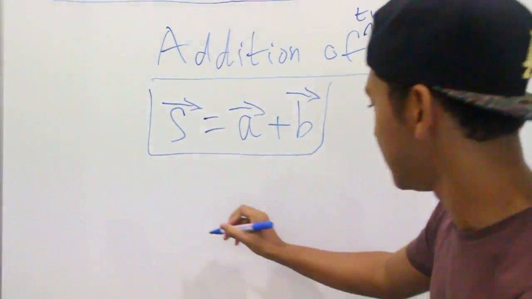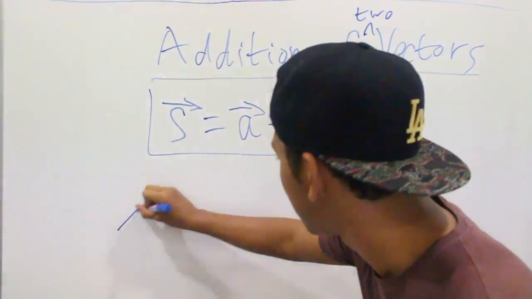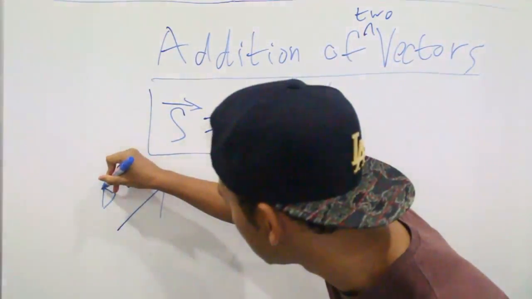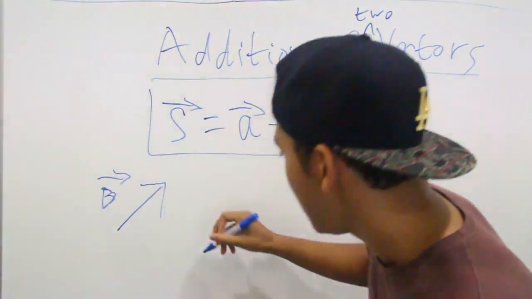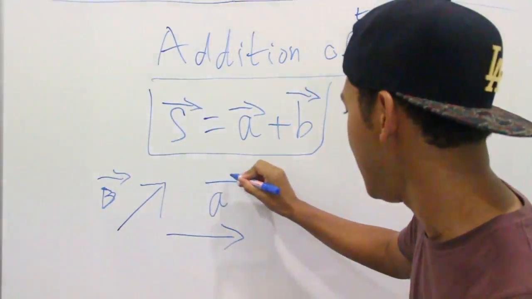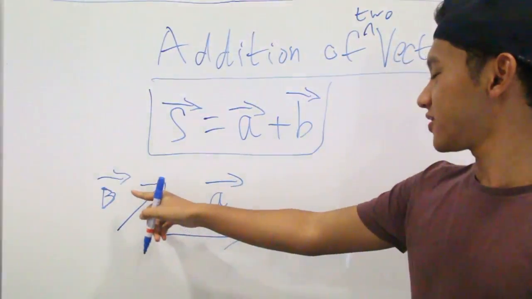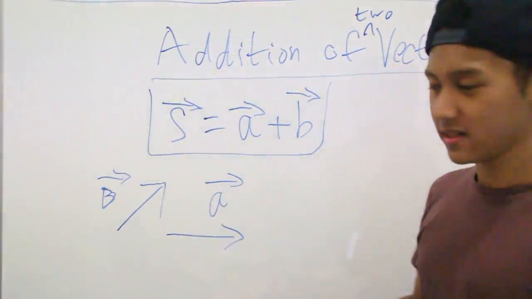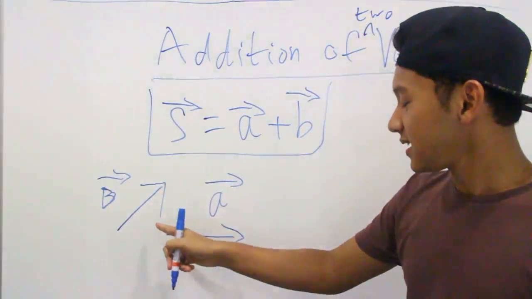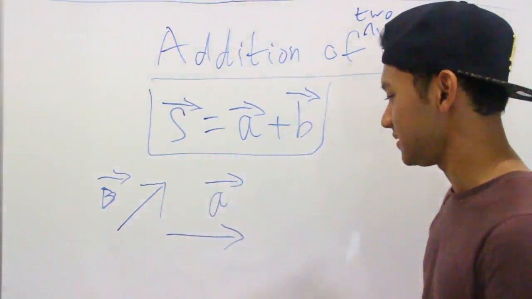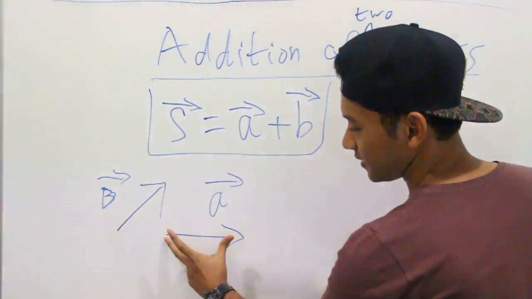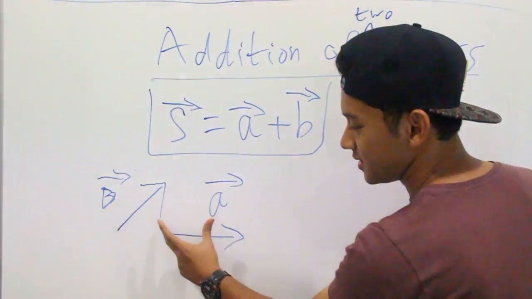Let's say this is vector B, and this is vector A. Now to add vector B and vector A together geometrically in 2 dimensions, we place them head to tail. This means we move either vector and put the tail on the head of the other vector.